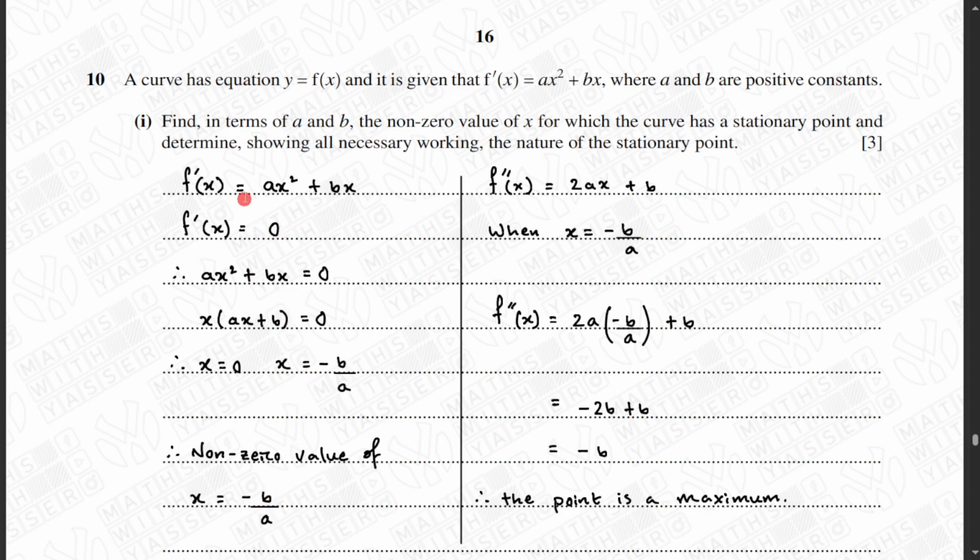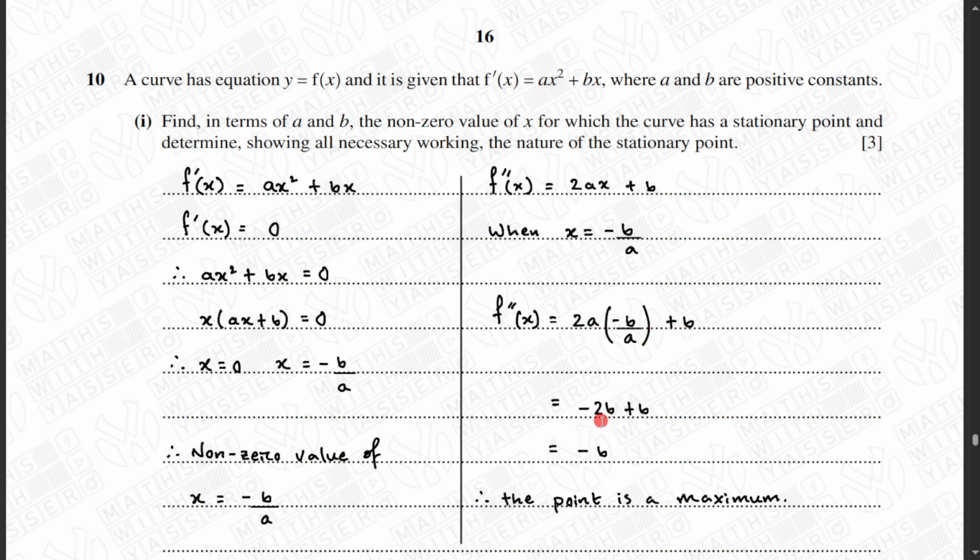Now for the second part, we need to determine the nature of the stationary point. So we can simply substitute this value of x into the double differentiated value of f of x. If you double differentiate this equation, you get 2ax plus b. Then substituting x equals minus b by a, we get 2a within brackets minus b by a, plus b.